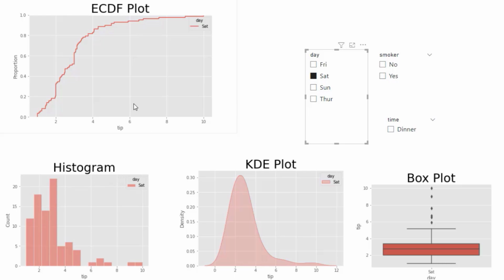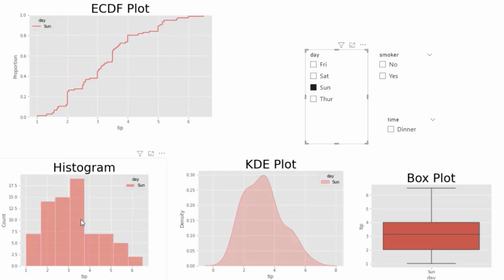For example, if we just jump down here and we look at the histogram, we can see that the majority of these bins, and then these tall bins, are going to be where our data is kind of situated. If we choose another day, we'll get a little bit of a better look at that. So you can see that about the $3.50 range, we have the highest bin, which is for our tips data set.